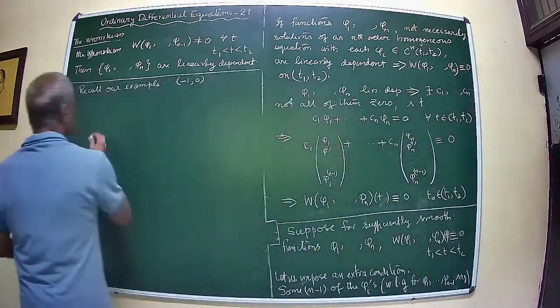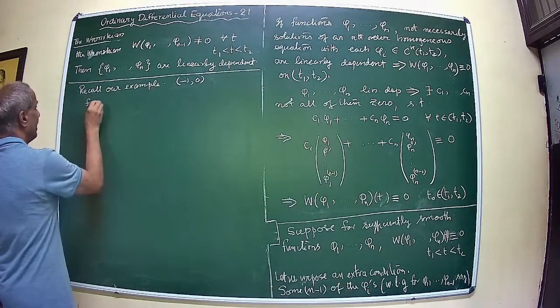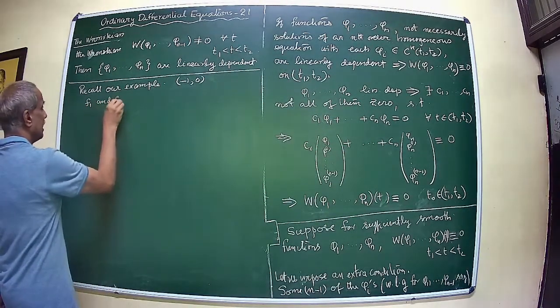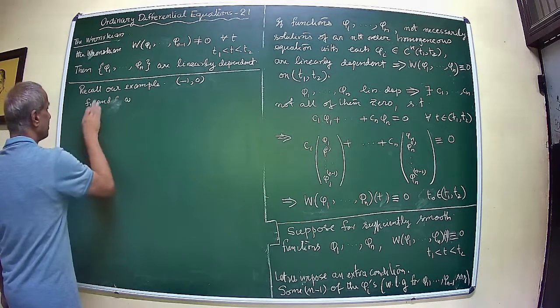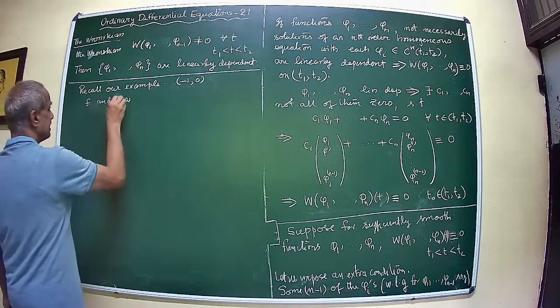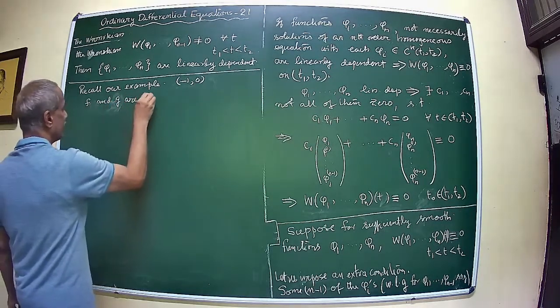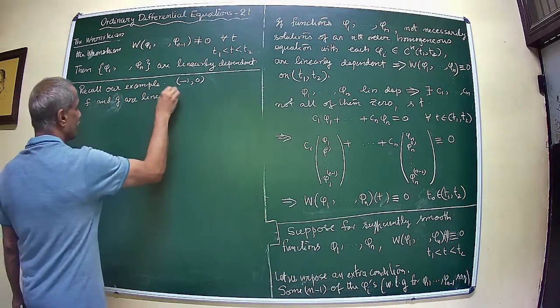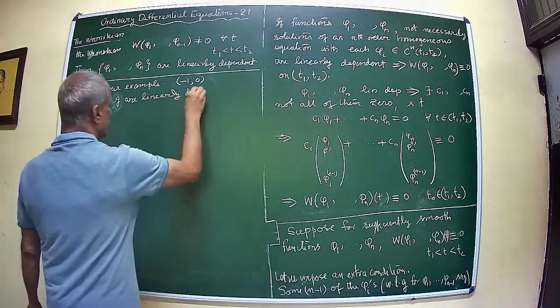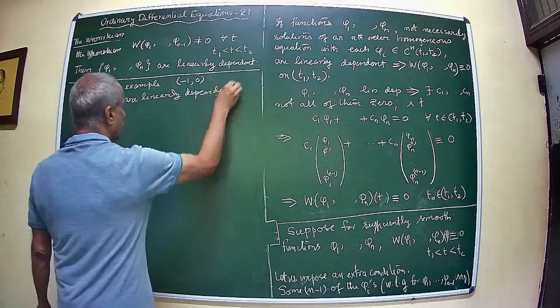On this, you know that f and g are linearly dependent. Why?